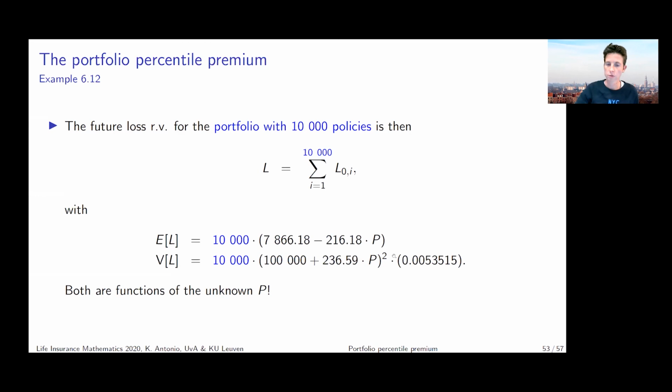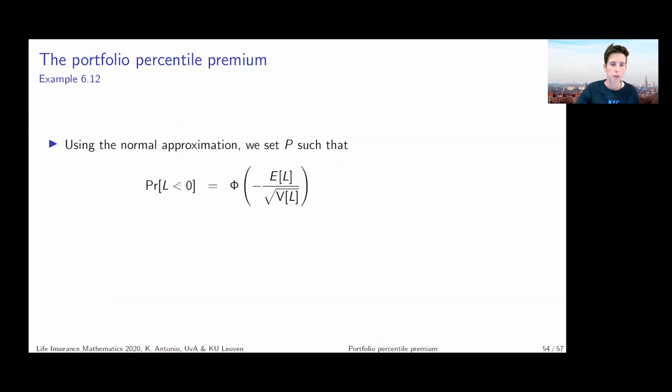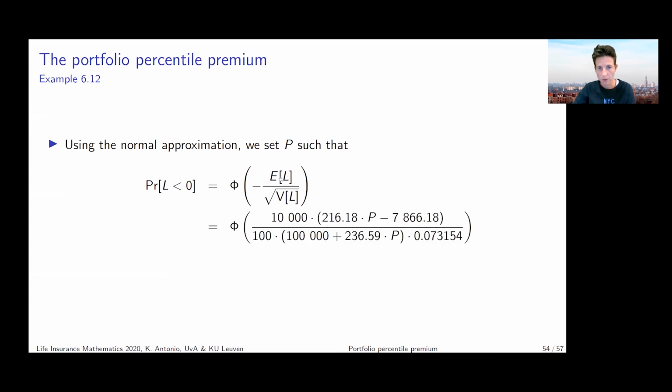We're going to use the central limit theorem. And we're going to say the probability that the loss is negative can be evaluated as the CDF of a standard normal evaluated in this expression. We plug in our expression for the expected loss on the 10,000 contracts. We plug in the standard deviation of the loss for the 10,000 contracts, and we put that equal to the requested probability.